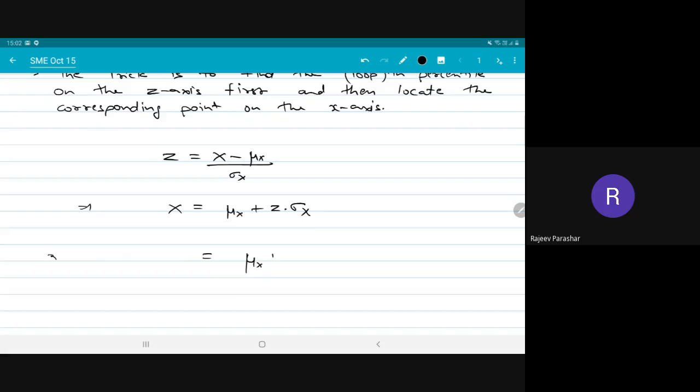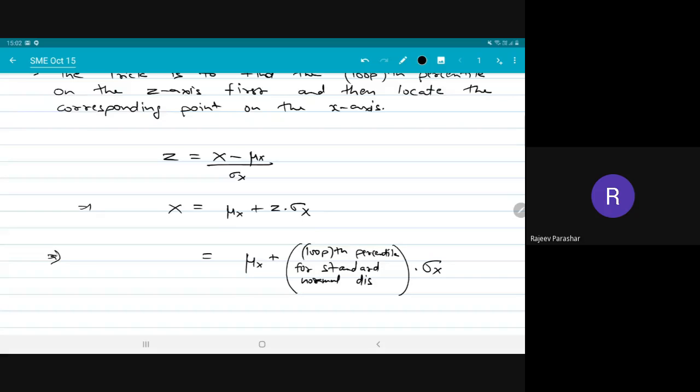Percentiles are z values. So you just put 100 into pth percentile for standard normal distribution into sigma of x.